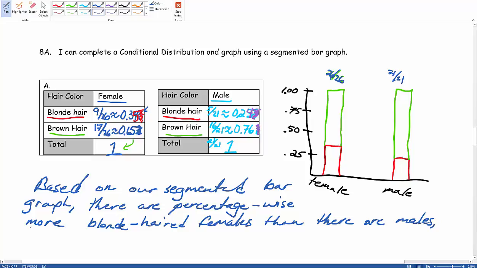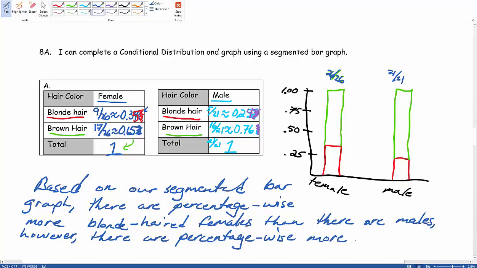However, there are, percentage-wise, more brown-haired males than females.